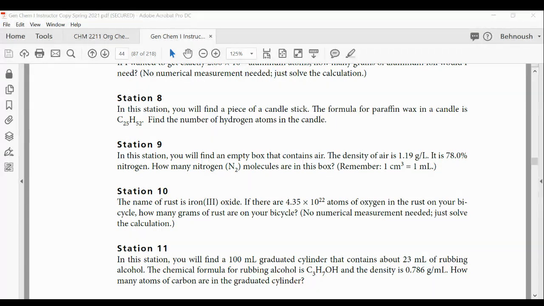You want to convert that to moles. How do you go from mass of nitrogen to moles? The nitrogen is going to be N2. So you want to find the moles of N2.